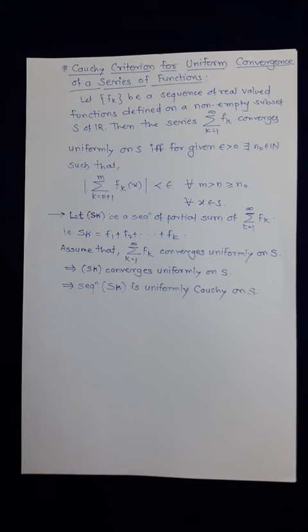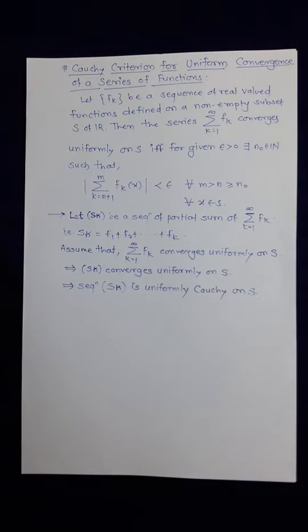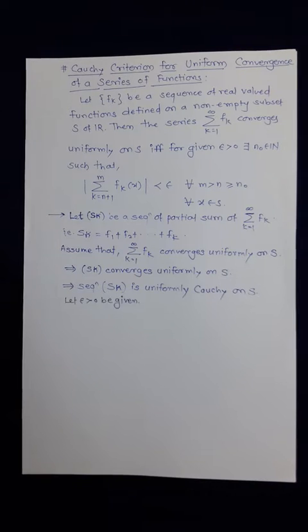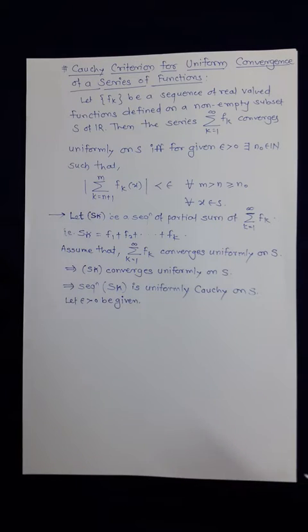Now we will take epsilon greater than 0, since we have to prove it for a given epsilon. So let epsilon greater than 0 be given. Now I will use the definition of a uniformly Cauchy sequence.